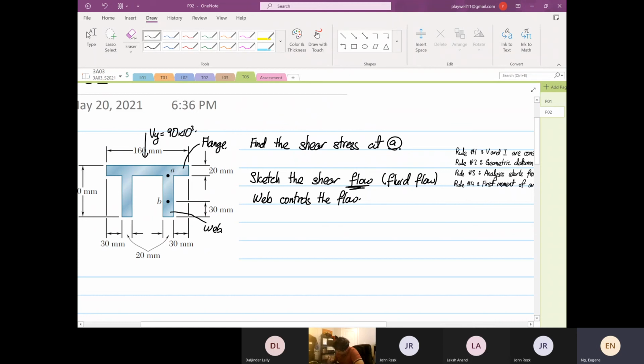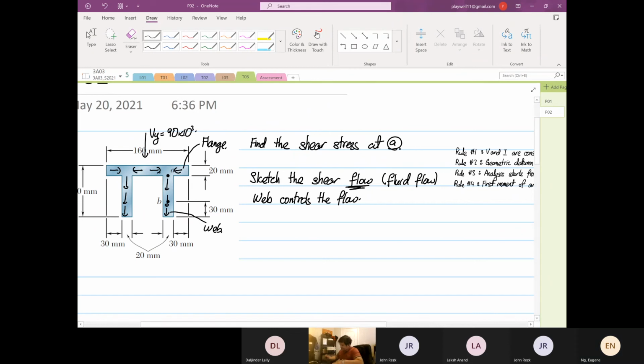But anyway, so usually it goes from the top to the bottom. Right, so you construct here first. Right, so like fluid flow, if the fluid has to go into the web, it has to do this, right? It has to come here, and then the other side will have to come here, right? So this is how the fluid will flow.